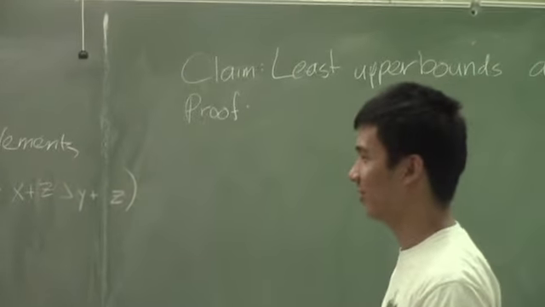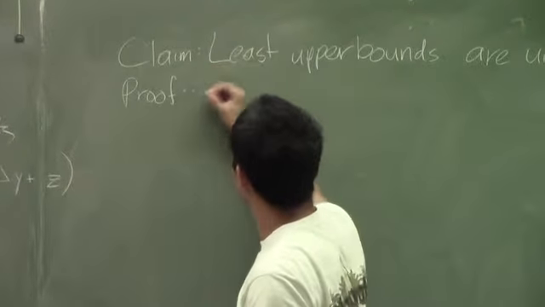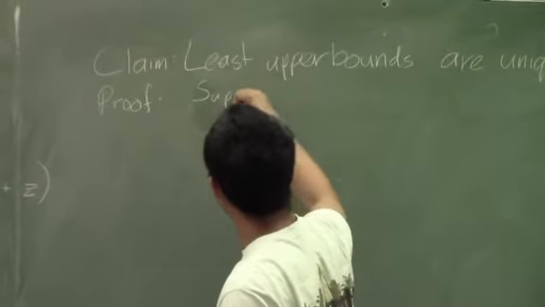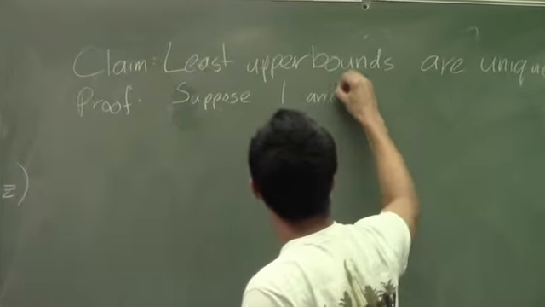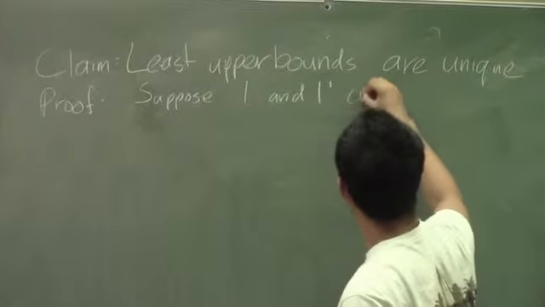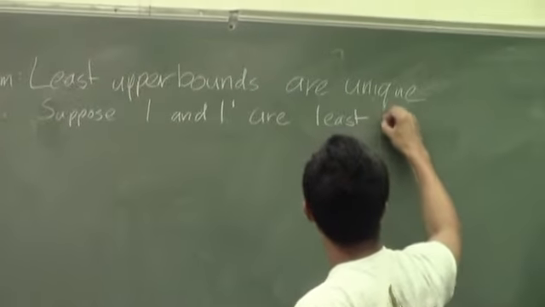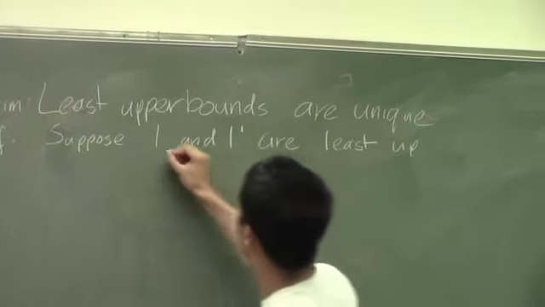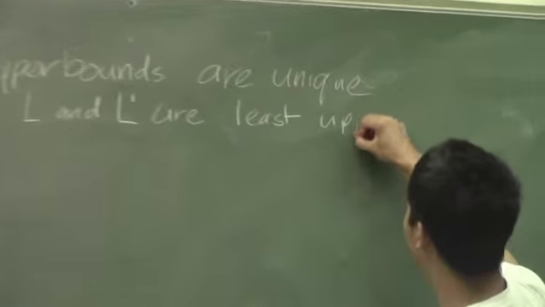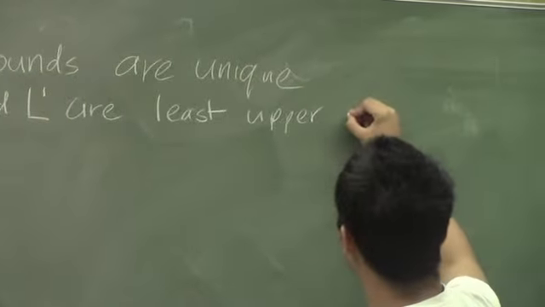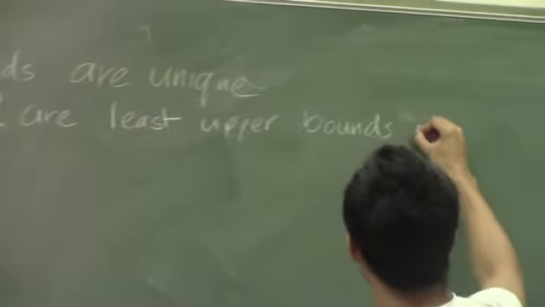Yeah, proof by contradiction. So suppose L and L prime are least upper bounds of a set B. You should write your L's as capitals probably, that way they don't look like ones.